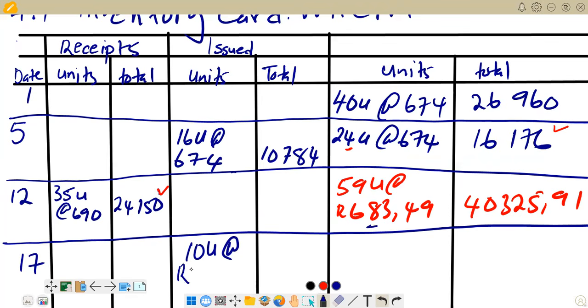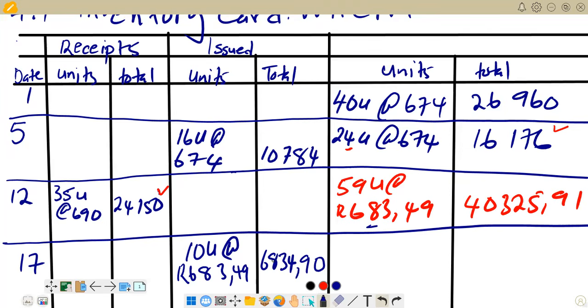So for the total, we are saying 10 times this one, then we get 6,834.90 when you calculate the two there. So this is what we have in terms of the value of the issued.